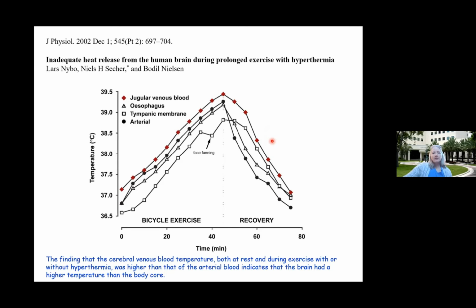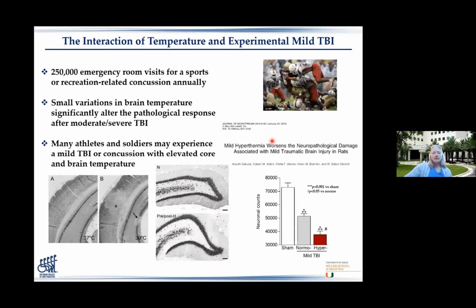In terms of the interaction of temperature and experimental mild TBI, there are 250,000 ER visits related to concussion from sports or recreation. We all know that small variations in brain temperature can affect the pathology.